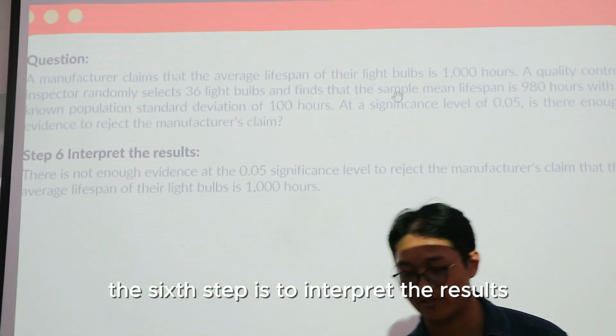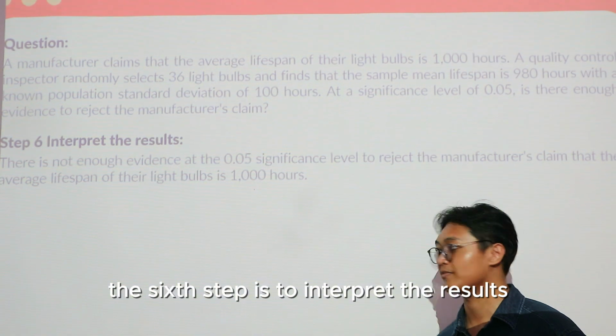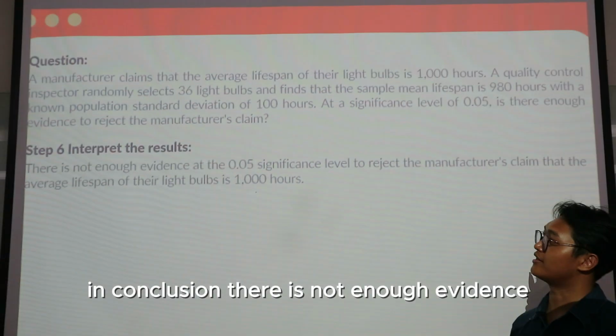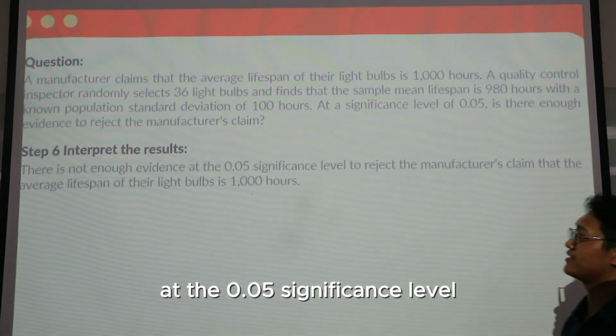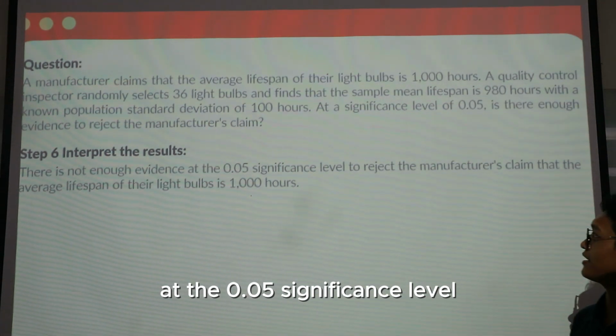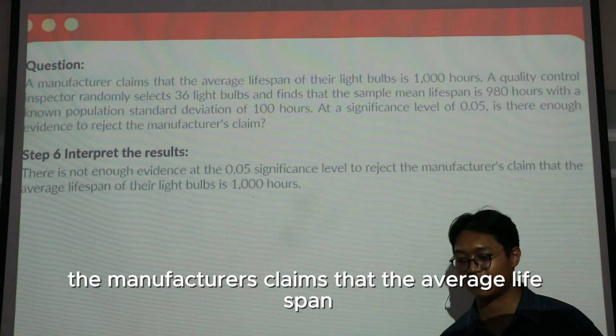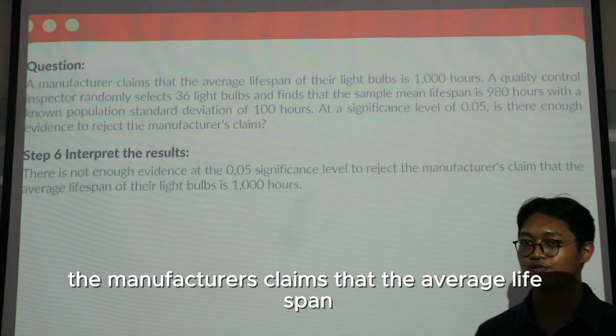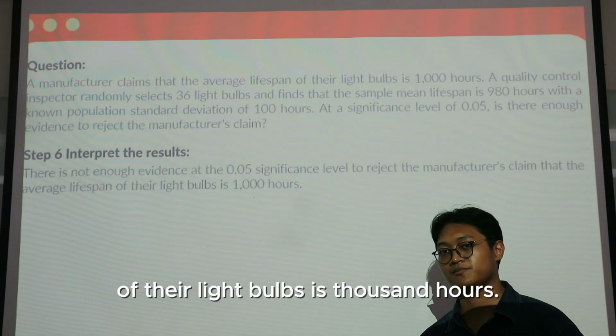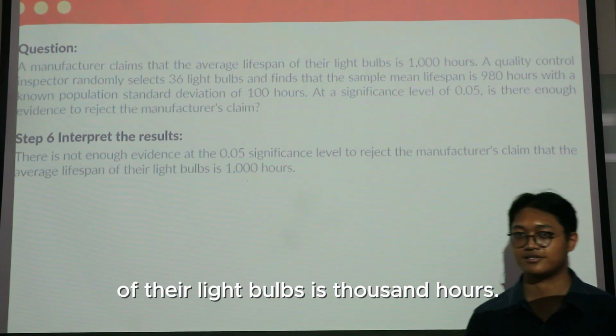The sixth step is to interpret the results. In conclusion, there is not enough evidence at the 0.05 significance level to reject the manufacturer's claim that the average lifespan of their light bulbs is 1,000 hours.